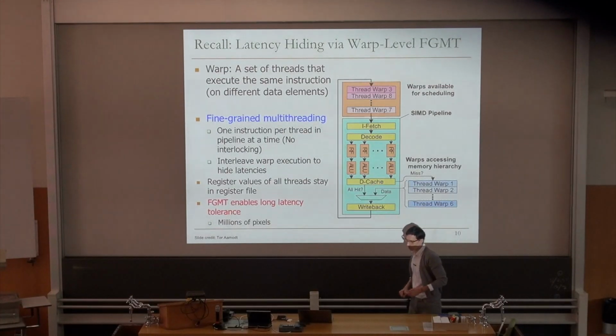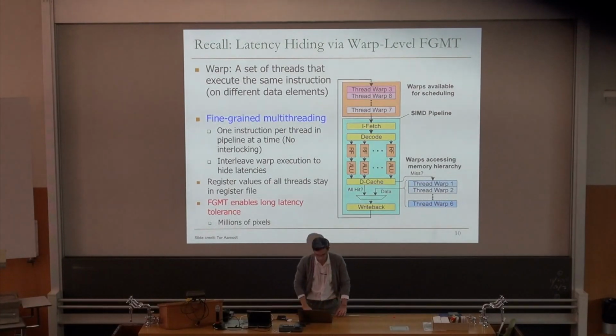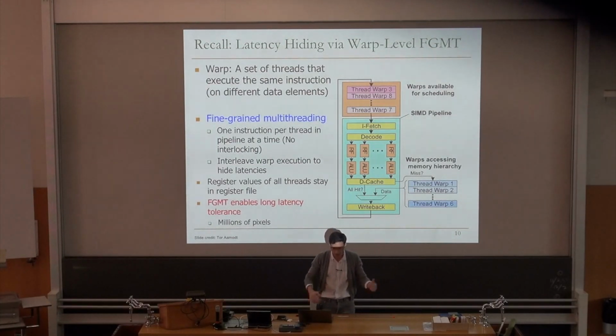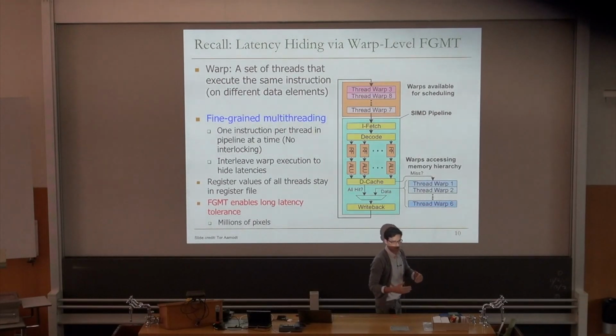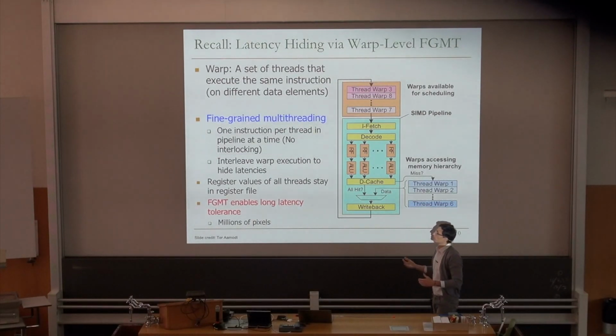As you might remember, the GPU implements a fine-grained multi-threading architecture. This means that we have the threads organized into something called warps, and a warp, as it's defined in the slide, is a set of threads that execute the same instruction. What the warp scheduler is doing is taking one instruction for one single warp and issuing it onto the vector lanes.